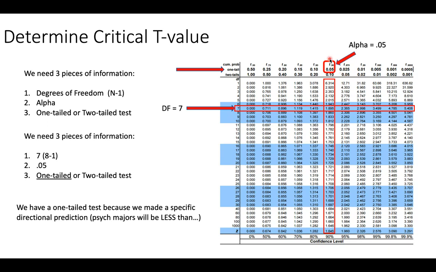But for now, let's just focus on finding these values and using them for hypothesis testing. So degrees of freedom 7, use this row. One-tailed, 0.05 alpha, we use this column, which means my critical value is 1.895. I need to be more extreme than 1.895 in order to be statistically significant.